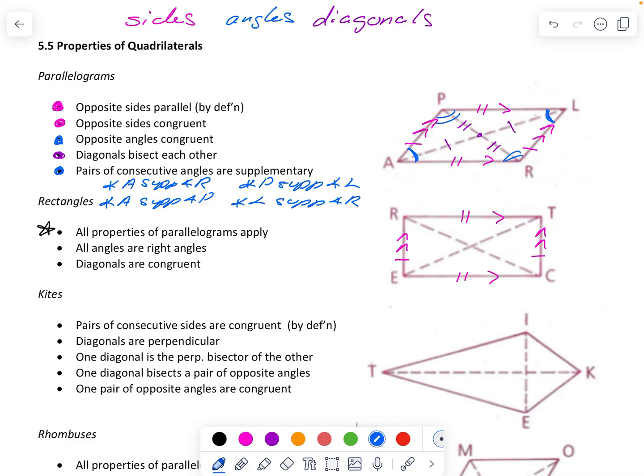Now, opposite angles are still congruent and supplementary, but in a rectangle, remember, these are all right angles. So they still have the properties of the parallelogram, but they're more specifically all right angles. In this case, the diagonals still bisect each other, but the diagonals in a rectangle are congruent. I'm going to show that by drawing them in, and then each of those pieces of the diagonal are congruent.